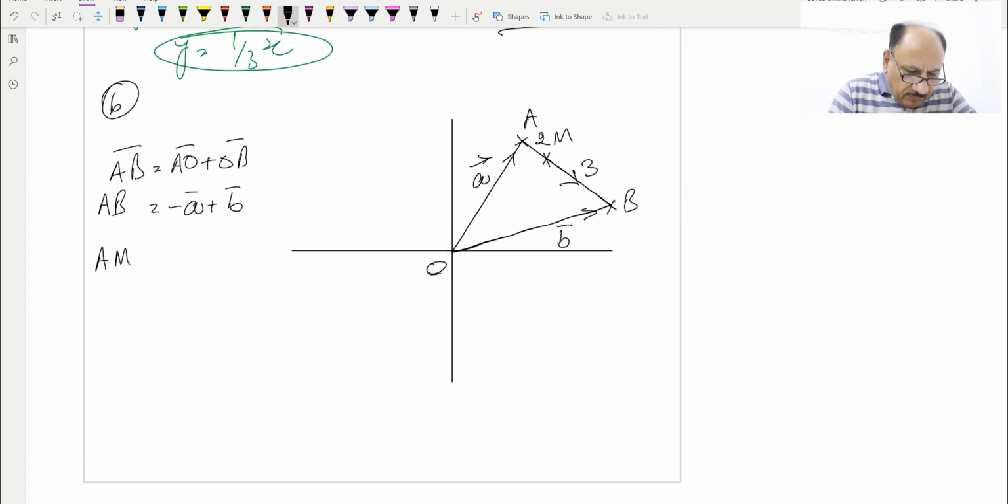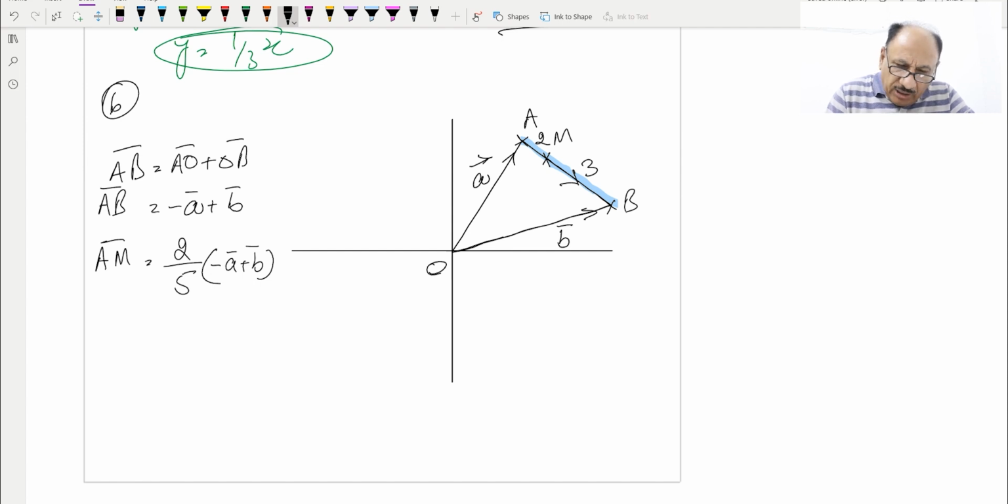So AM will be equal to 2 by 5, because 2 plus 3 total is 5. So this is splitting into 2 portions and 3 portions. So total is 5 portions. So we can write 2 by 5 of AB, which is minus A plus B. This is how we can write.